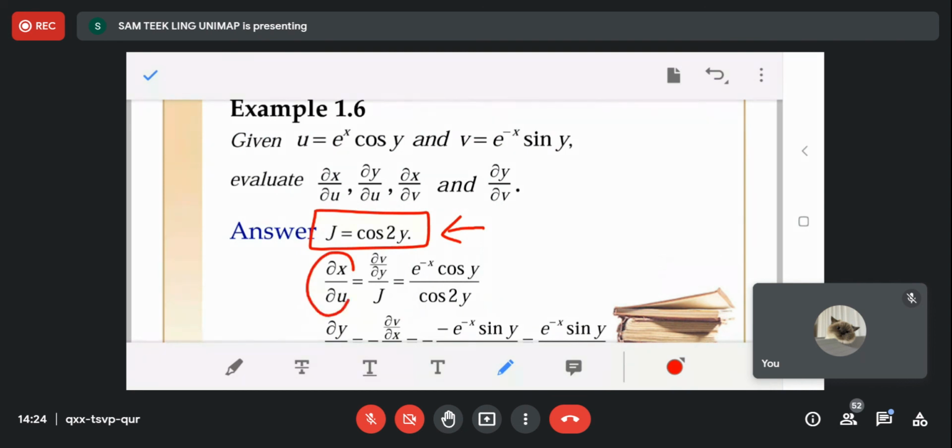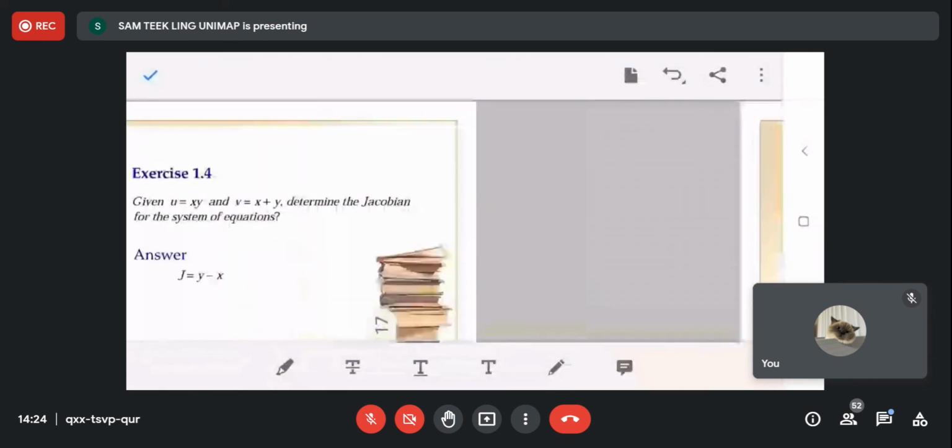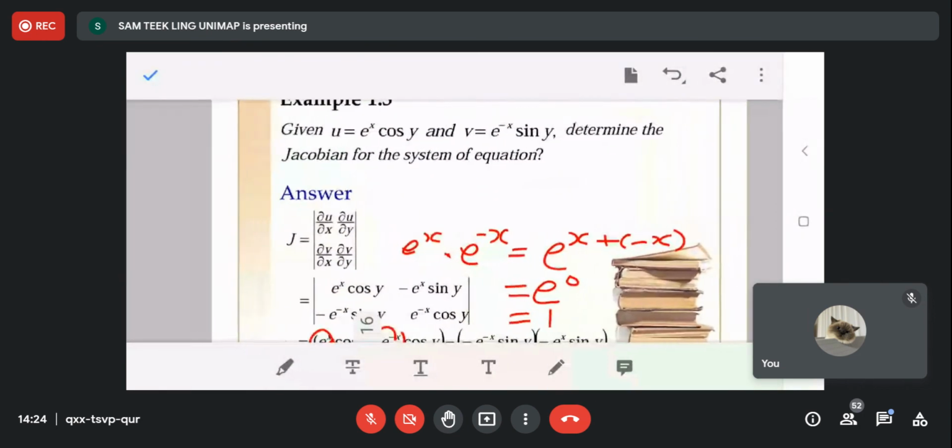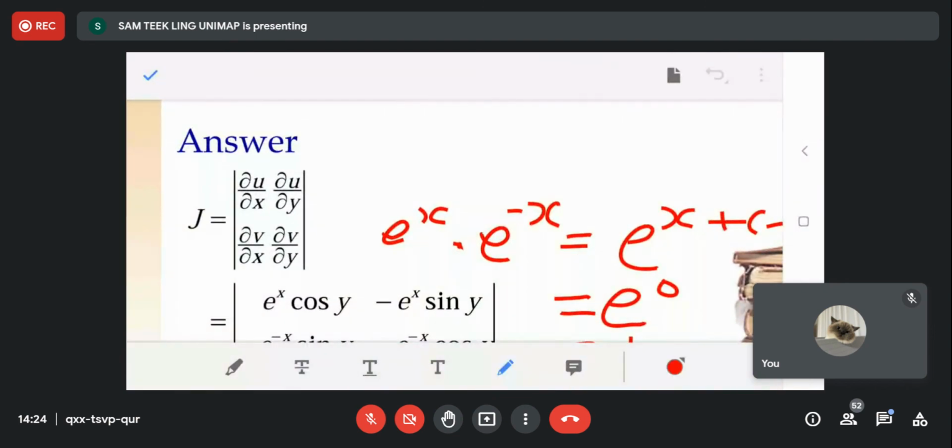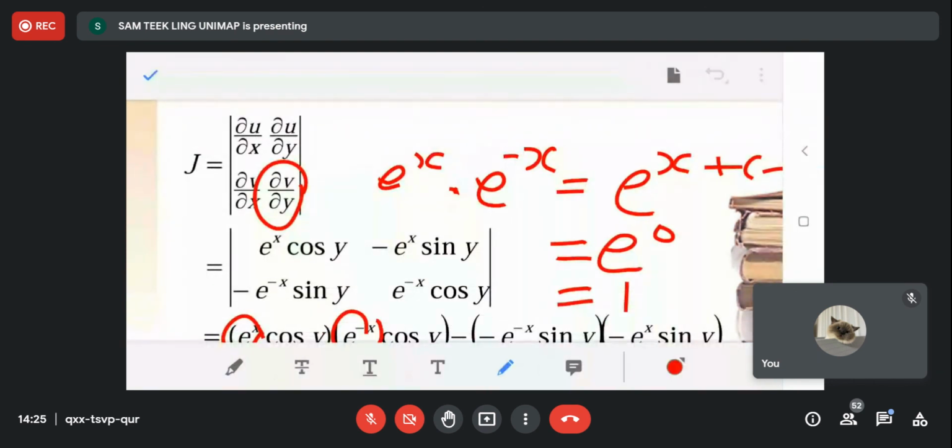Because if you want to find del x del u, you need del v del y divided by J. So this one is our J. Then del v del y, we no need to recalculate, because here is del v del y. So here you copy only this one. Your answer for del v del y, we copy only that. You calculated it already when you found your Jacobian.